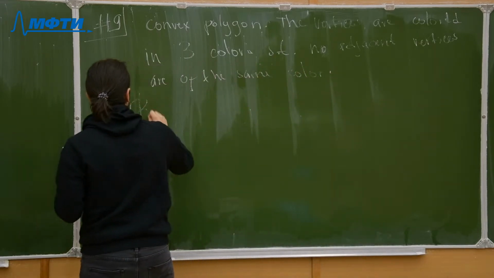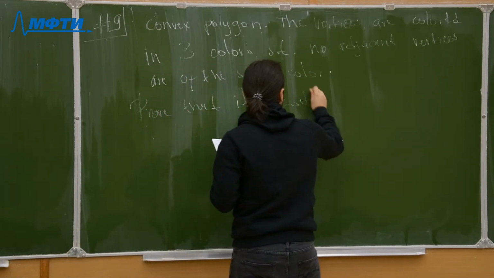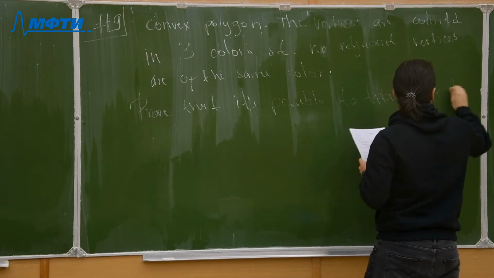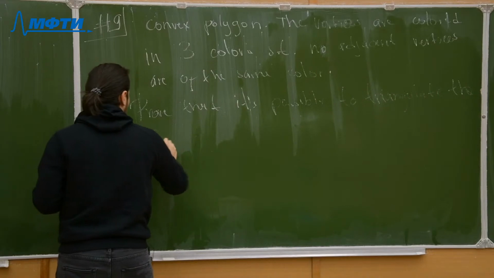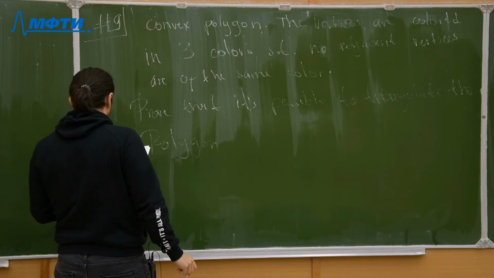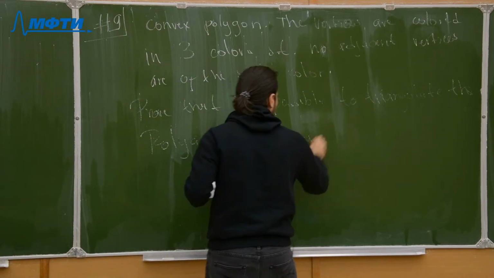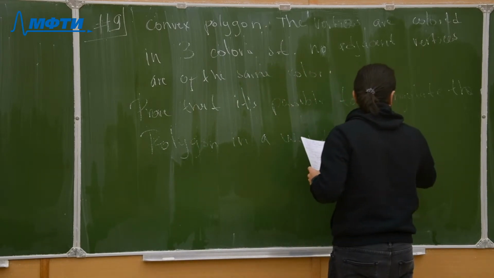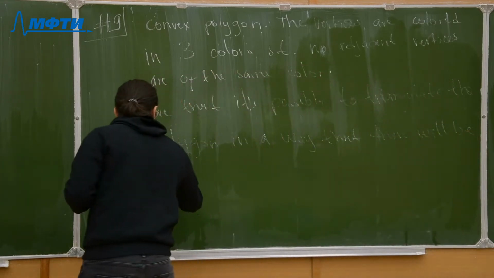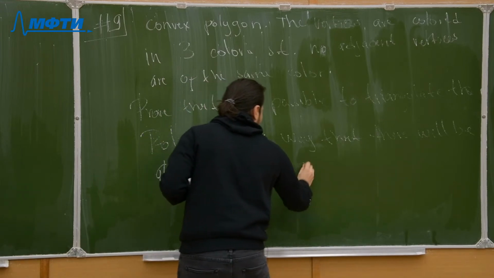So prove that it's possible to triangulate the polygon in a way that there will be all 3 colors in each triangle, in a way that there will be all 3 colors in each triangle.